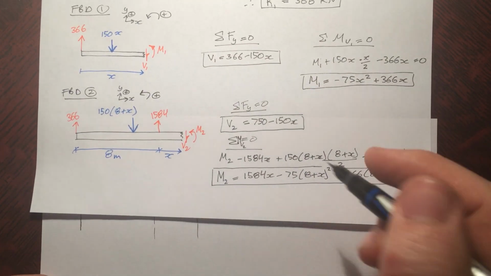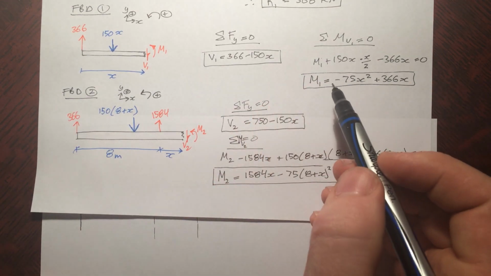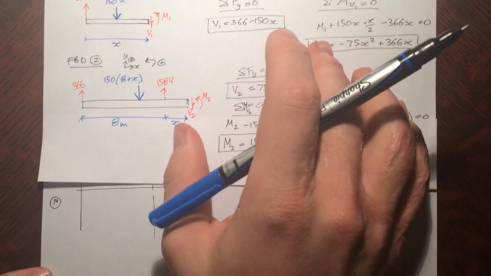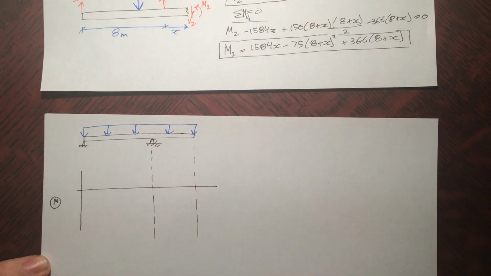So, bending moment for the first piece, when x is 0, it's 0. And then it's going out in a negative quadratic. So it's going to go out like that, up until it reaches some value, and then down. I'll draw it in red, because I like red better.